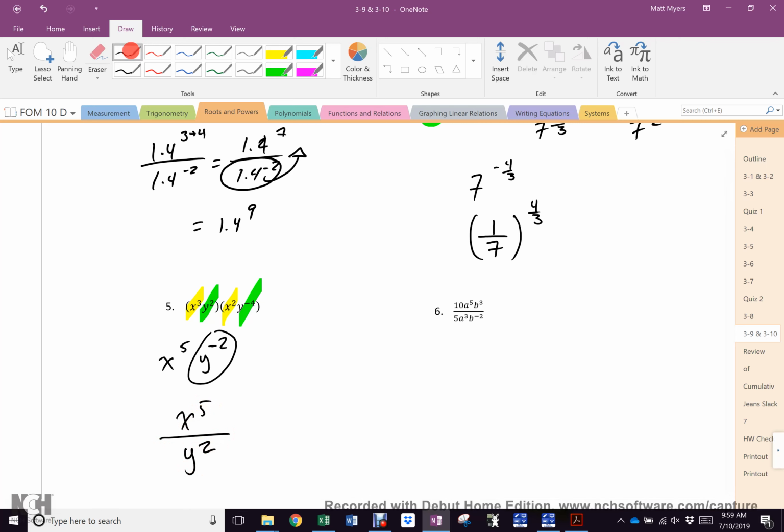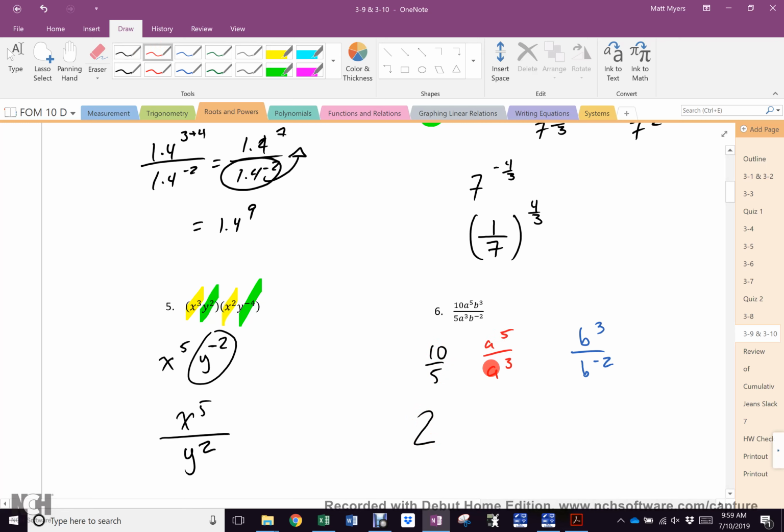Number 6 is really 3 questions, isn't it? Because it's 10 over 5. It's a to the 5th over a cubed. And it's b to the 3rd over b to the negative 2. What's this part of it? 2. Exactly.